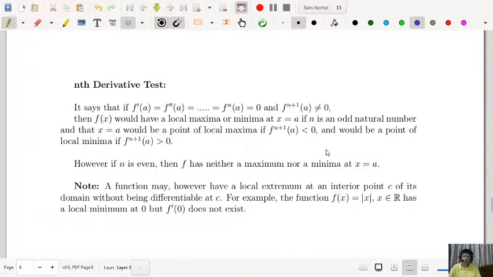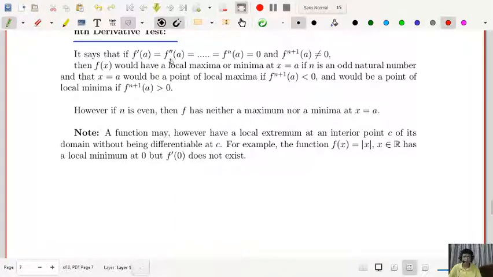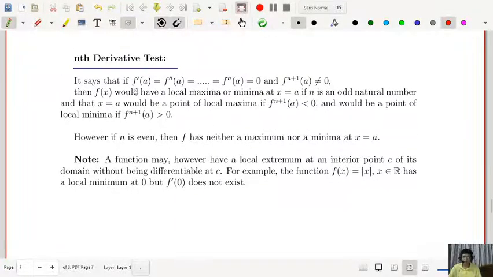So let's have the nth order derivative test for those cases where the double derivative is 0. Look at that: first order derivative, second order derivative, up to nth order derivative equal to 0, but the (n plus 1)th order derivative not equal to 0. Then f(x) would have a local maxima or minima at x equal to a if n is an odd natural number.